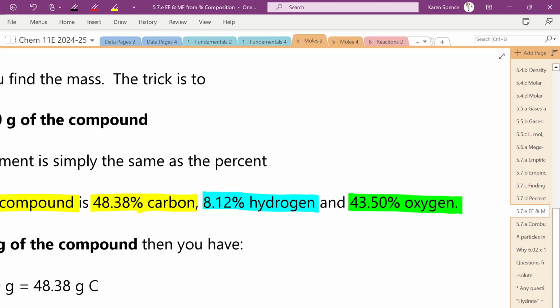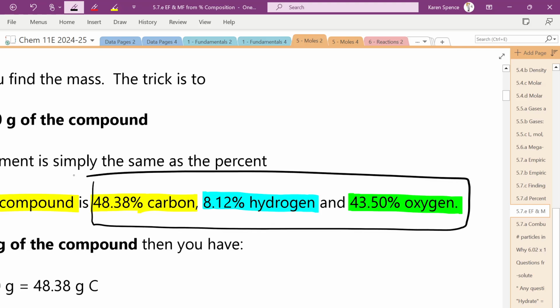Now remember, we still need to have a mass. We're going to have to make an assumption here. What would an easy way to get mass ratios here be? You could times it by the molar. Well, we don't have a molar mass. We can multiply by the total mass.